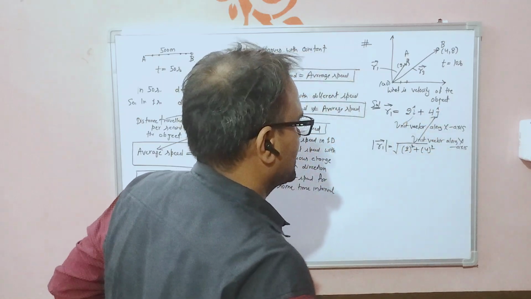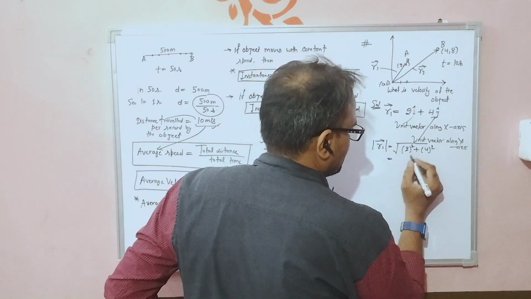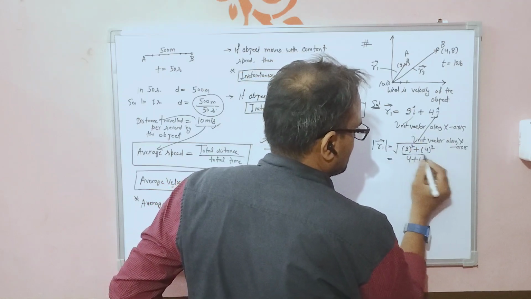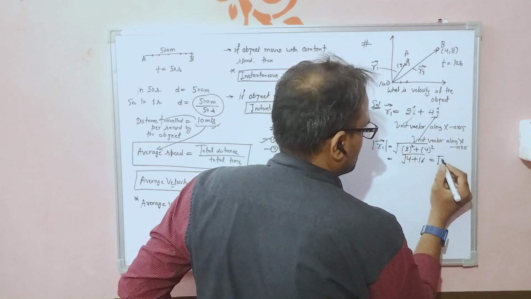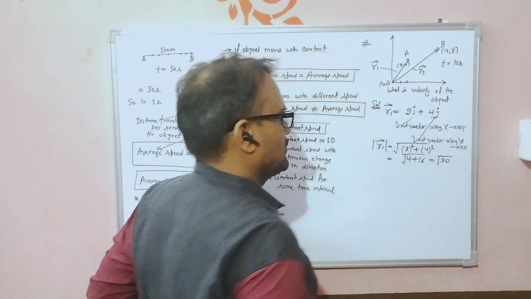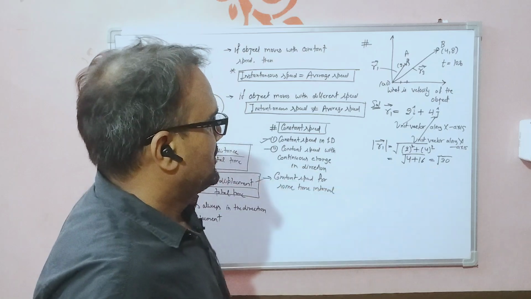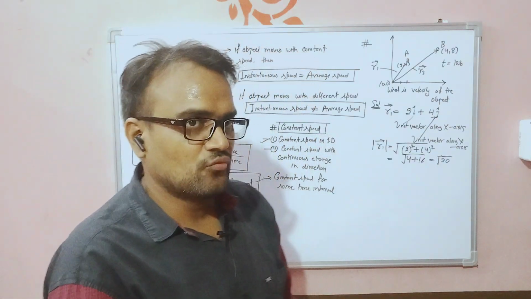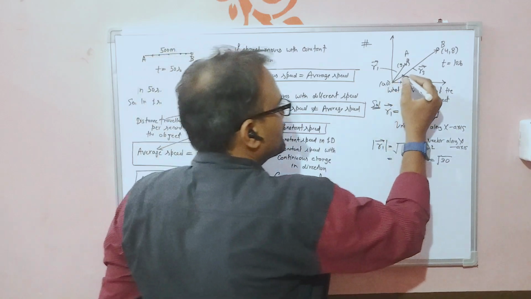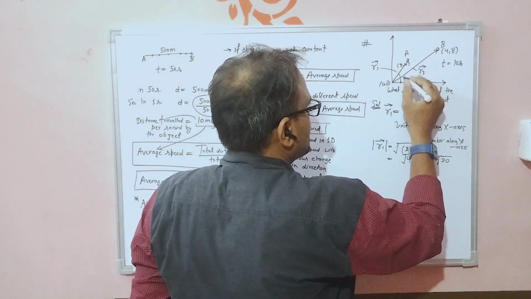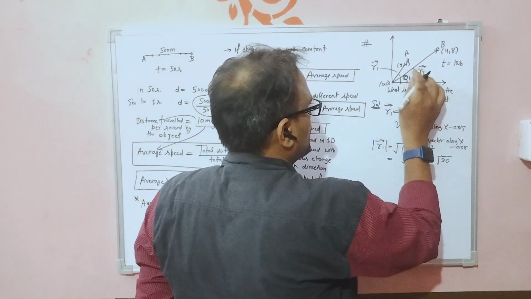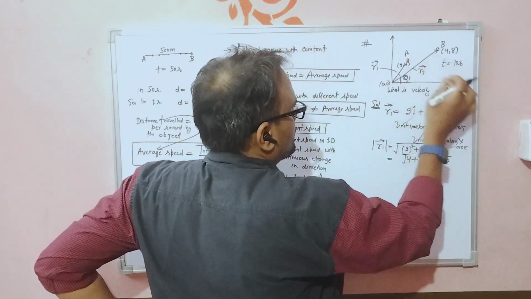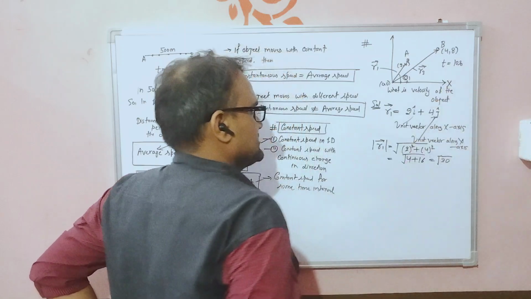If I do this, I obtain 4 plus 16, so I will be getting under root 20. Okay, under root 20. Now the next task is to determine the direction. For direction, I need the information of this angle theta 1, which is the angle made by this position vector r1 with the x-axis.